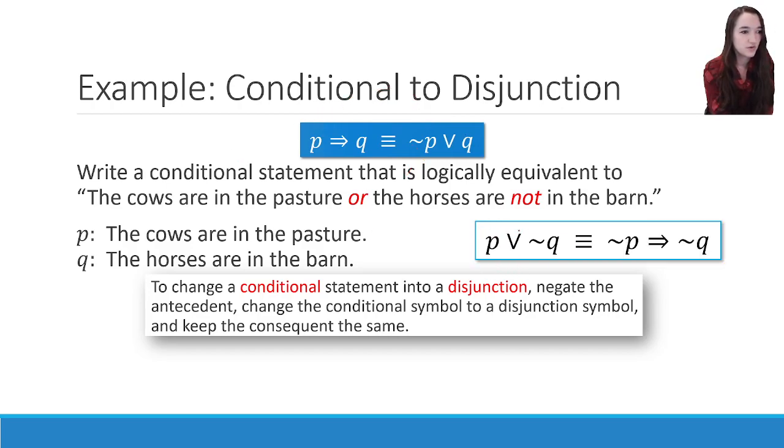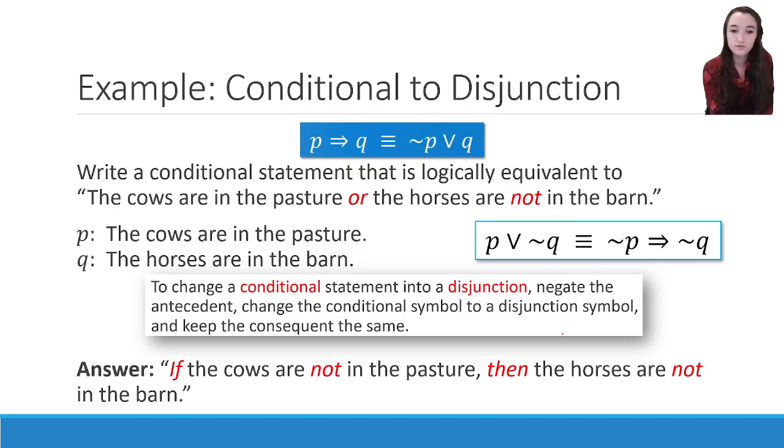So here, P or negation of Q becomes, we change the sign on the P and keep the consequent the same, to get negation of P, then negation of Q, which we can see works in the same way as this, where we change the symbol and keep the rest the same.